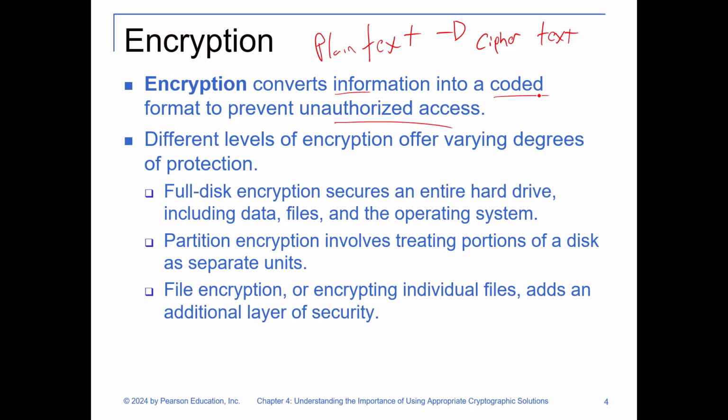There are different levels of encryption. We could do individual items, file encryption or object encryption. We could do a partition like storage drive encryption, and that would be treating portions of a disk as separate units and encrypting portions of it. Or we could do whole disk or full disk encryption, securing the entire drive.